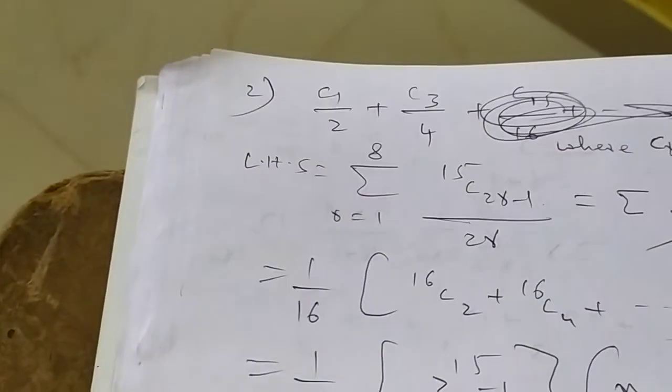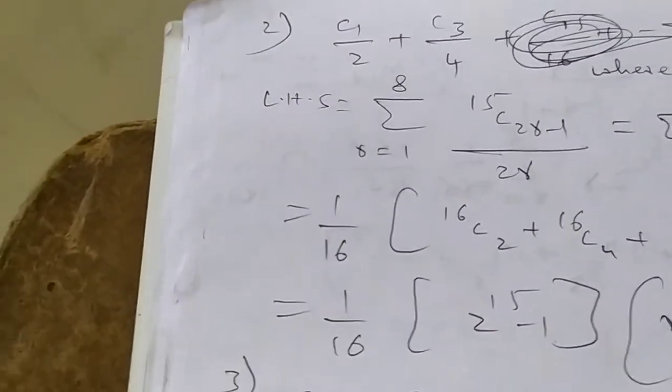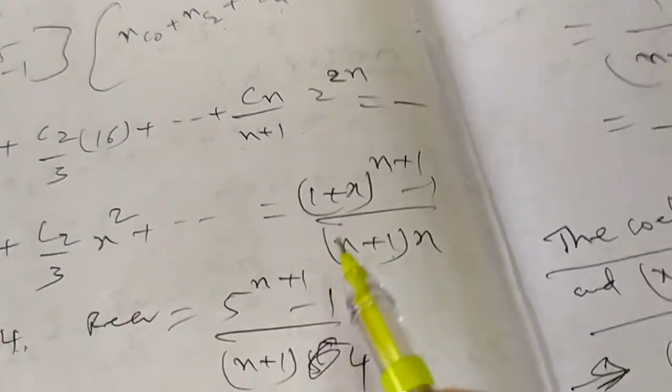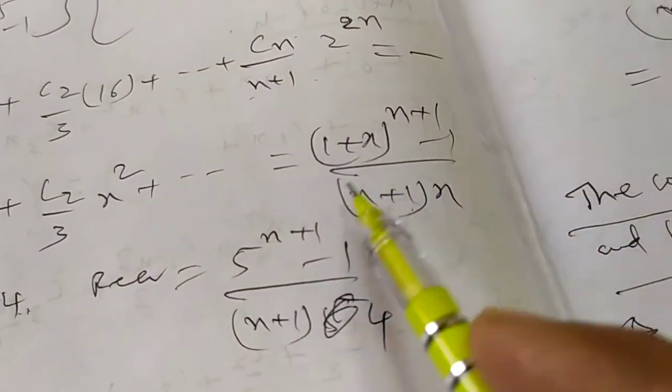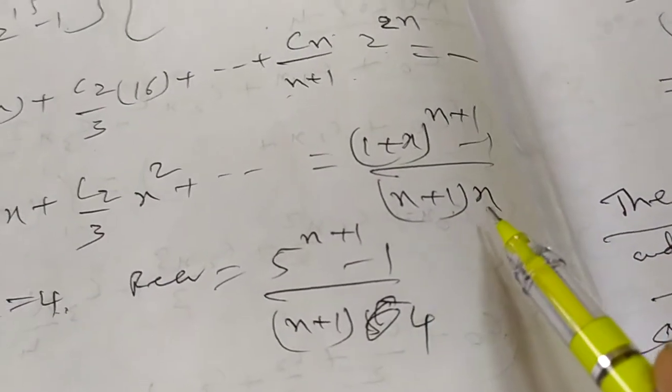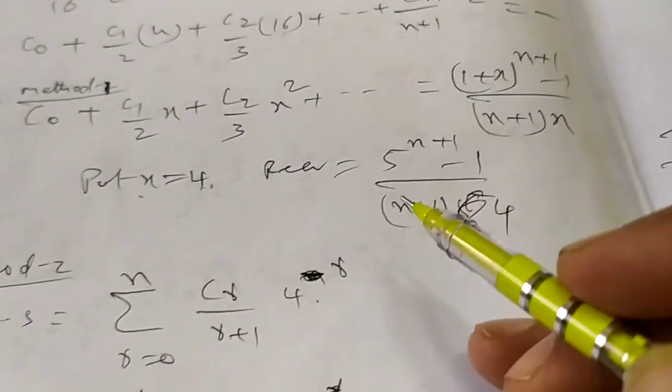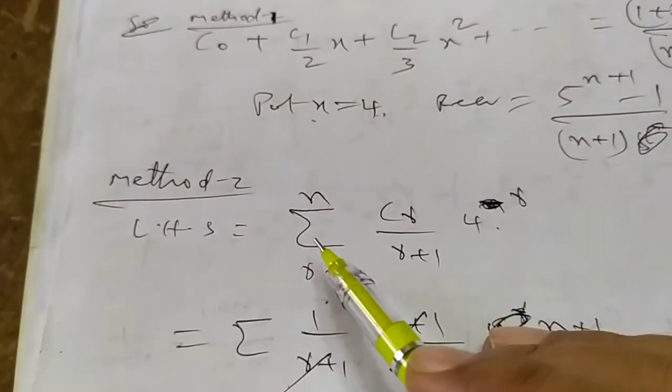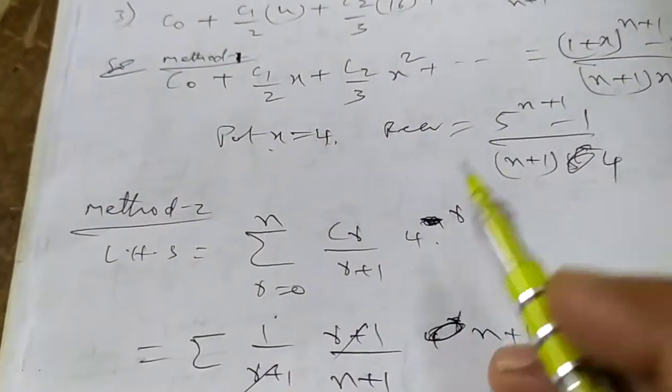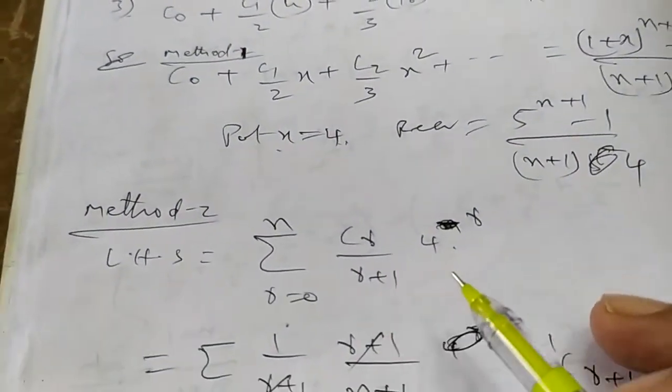Okay. So here in the place of x, 4. So by using this formula, 1 plus 4 means 5 power n plus 1 minus 1 by n plus 1 into x value 4. Direct. So there are method 2, method 3 also. So they are general methods.